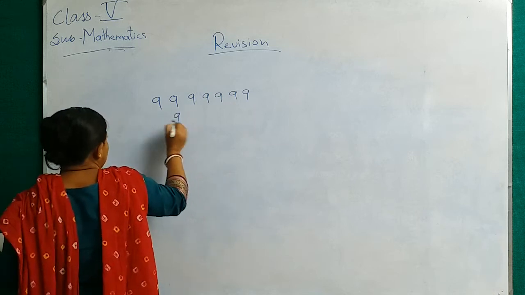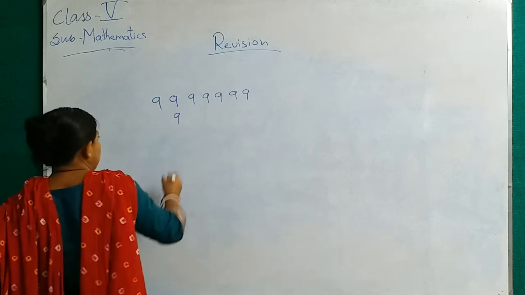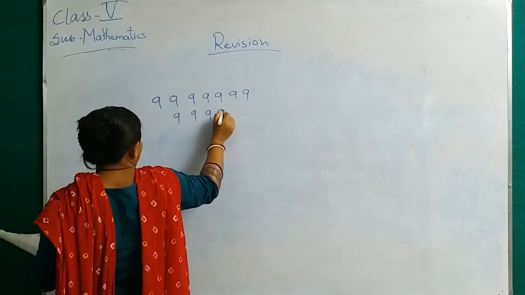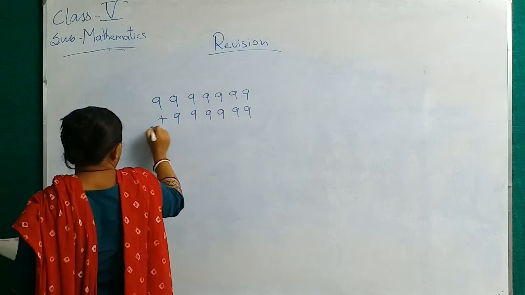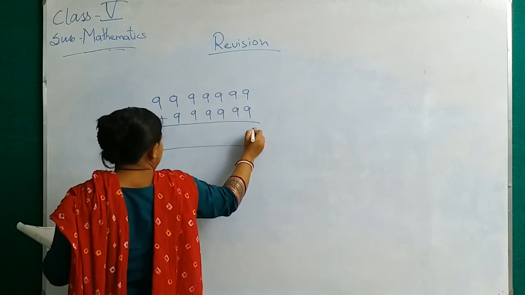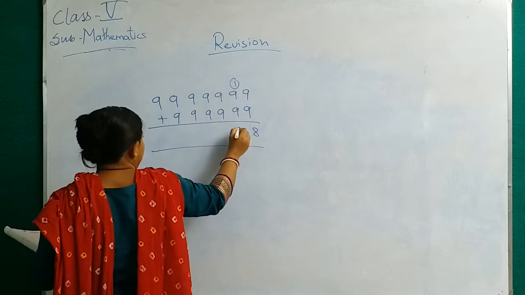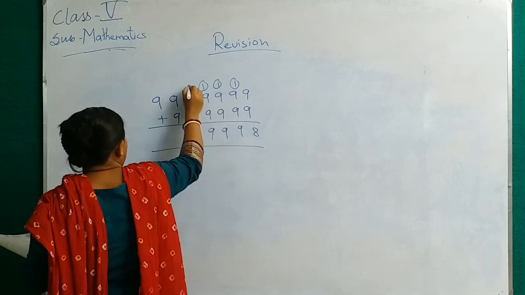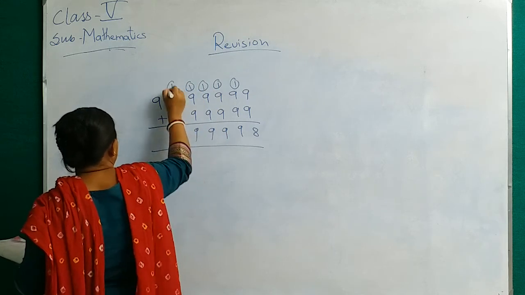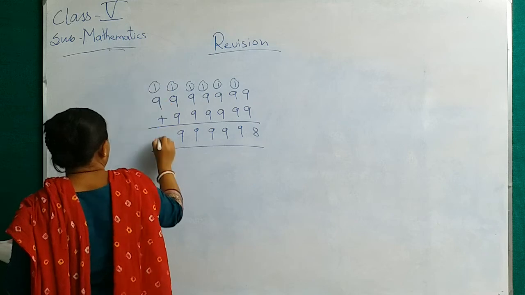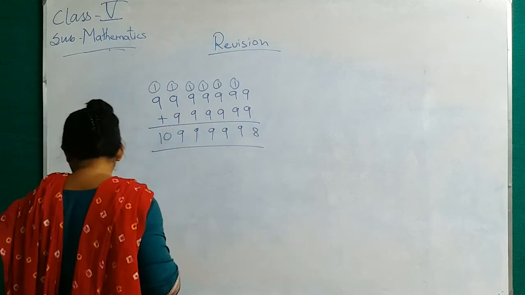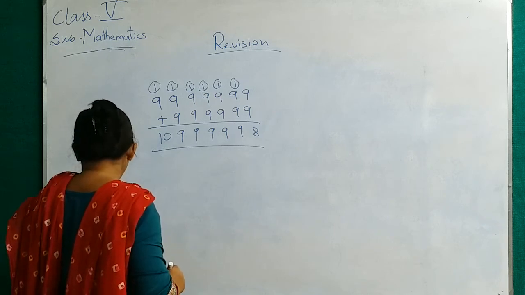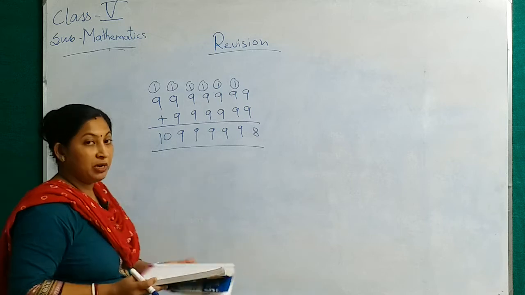You have to add the greatest 6-digit number, that means 6 nines. So add it. 18, carry 1. 9 plus 1 is 10. 19, carry 1. Again 19. That means option number B. So the question number 6 answer is option B.